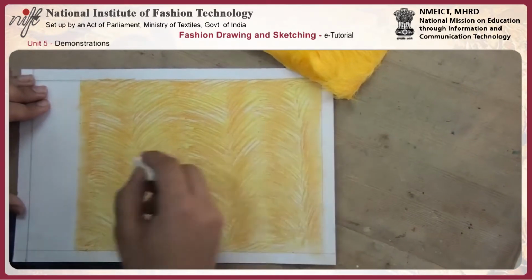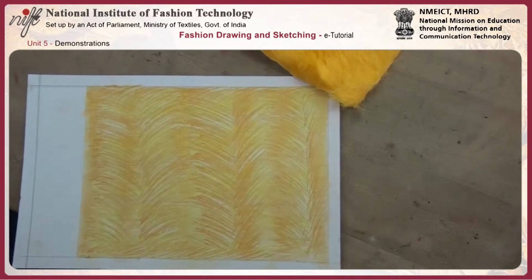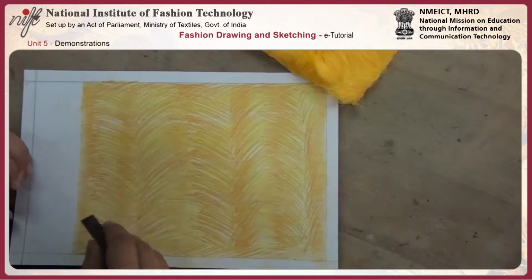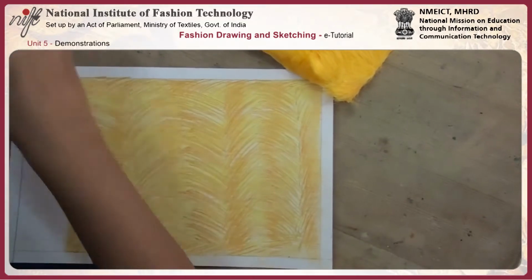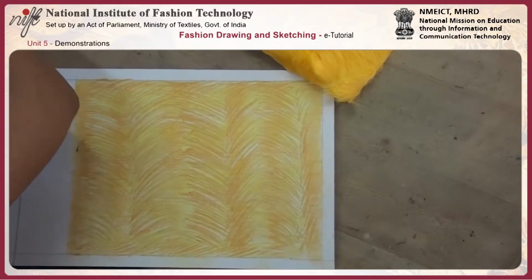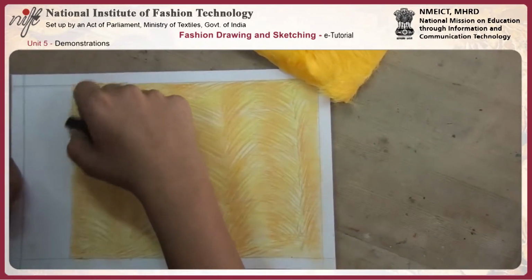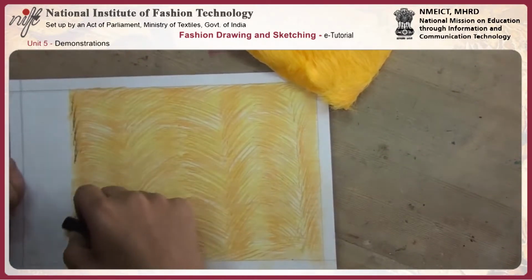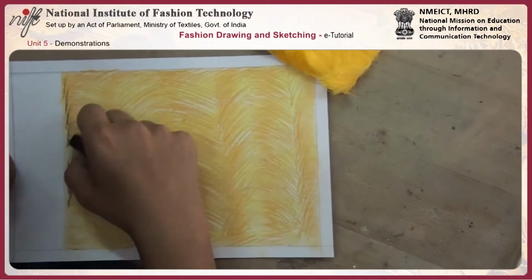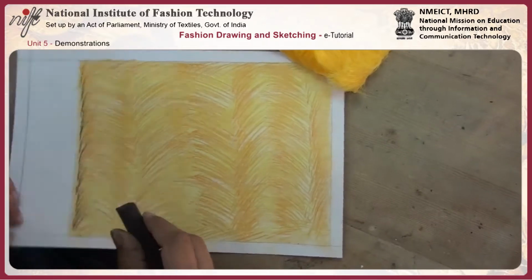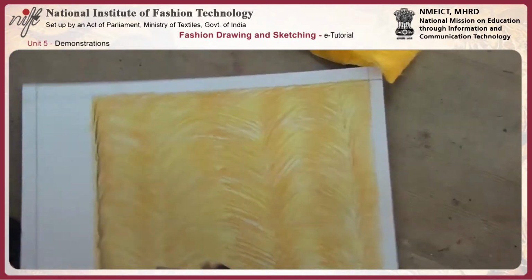The illustrator is now using white in certain areas to lighten the color. Here the illustrator can be seen using a darker shade to add depth to the rendering, which makes the rendering look more three-dimensional.